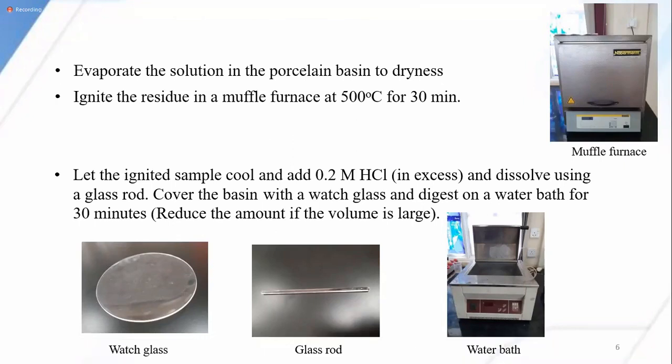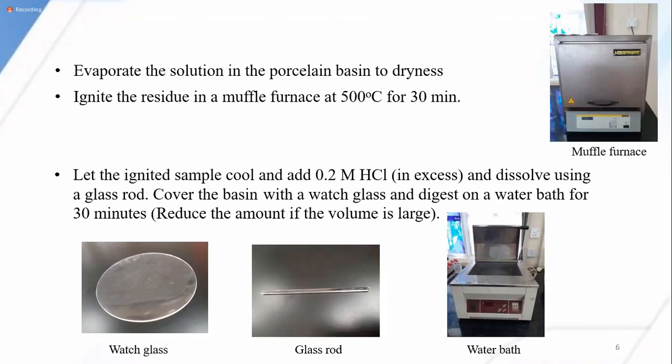Here in this experiment, why do we have to ignite the sample? In the leachate, you got the cations, no? Yes. In the previous steps you got the leachate, and that leachate consists of cations.